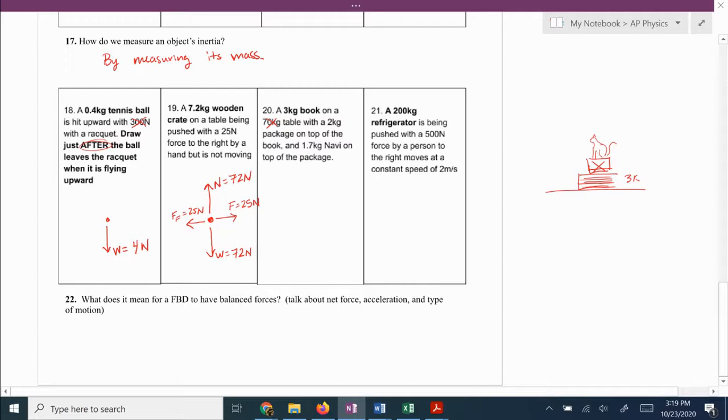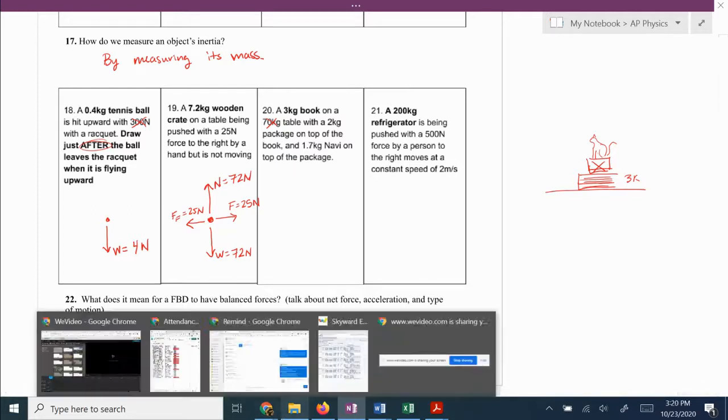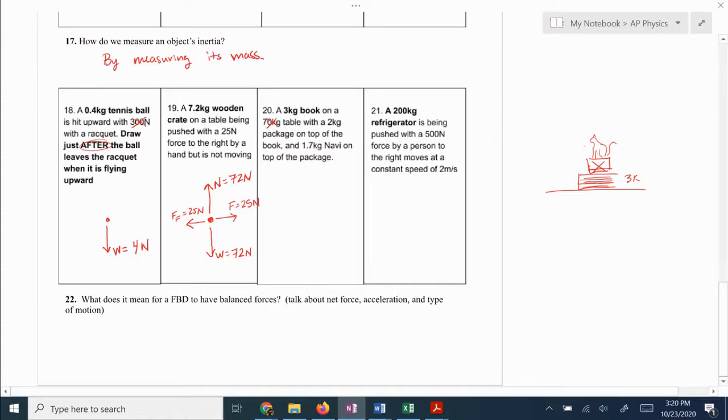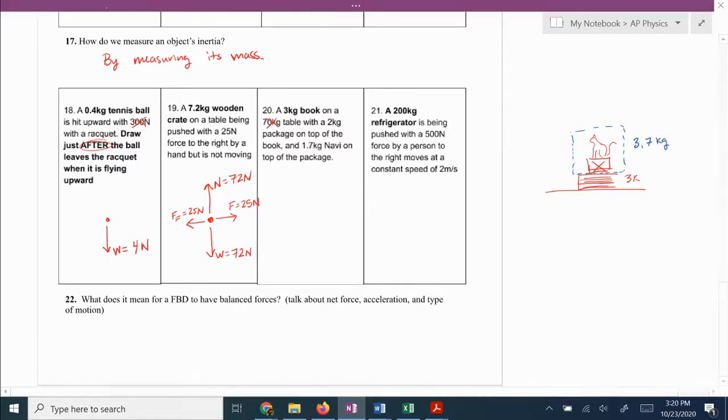Again, just like last time, we are going to treat Navi and the package as though they are one thing. So instead of being a 1.7 kilogram cat and a 2 kilogram package, these are a 3.7 kilogram item, just like the one up above.